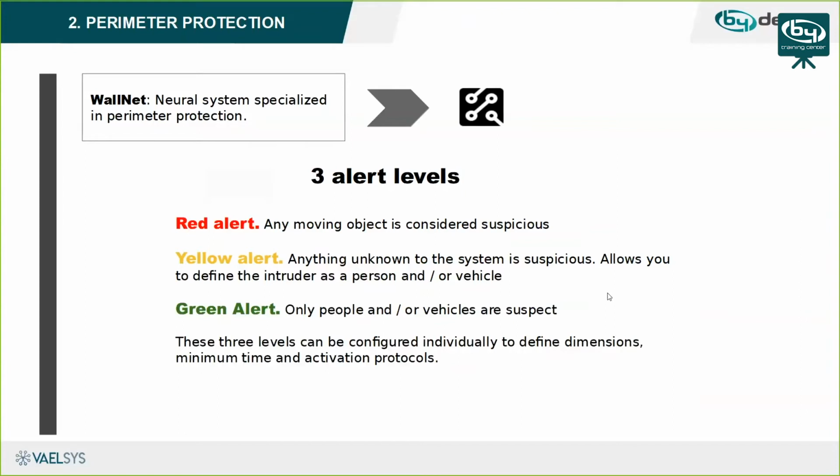So it basically allows you to define the intruder as a person or a vehicle, and we have green alert, which means that only people and or vehicles are suspect. So these 3 levels, red, yellow, and green, can be configured individually to define certain dimensions, the minimum time and activation protocols.